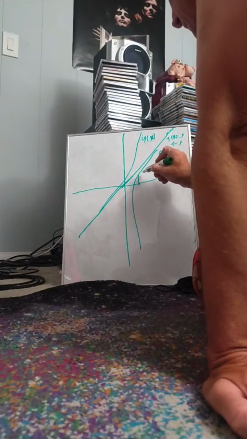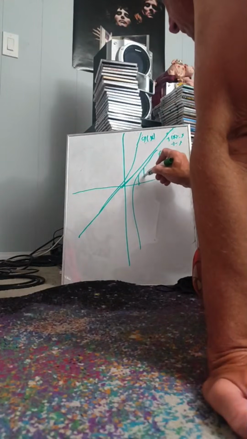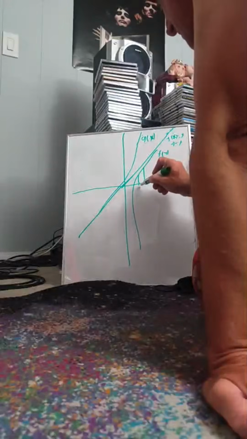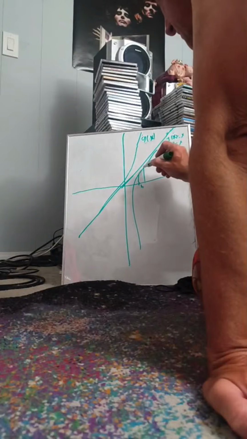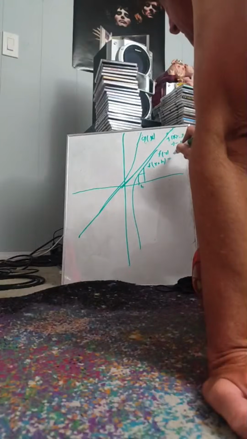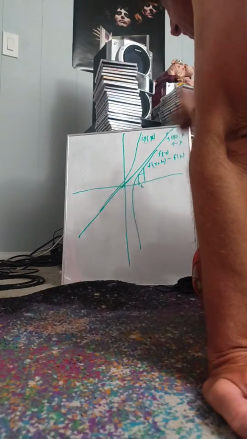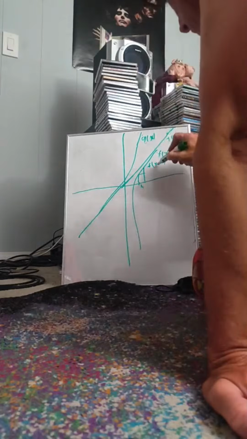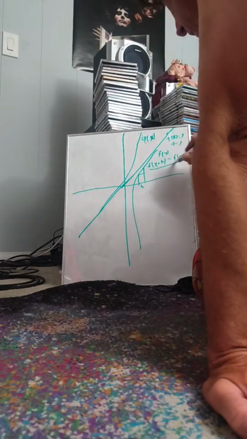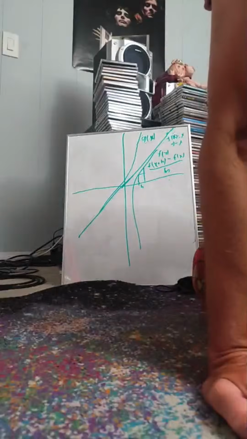So you have points like this, and this is h, let's say, and this right here is f of x plus h minus f of x, and this is h. All right.